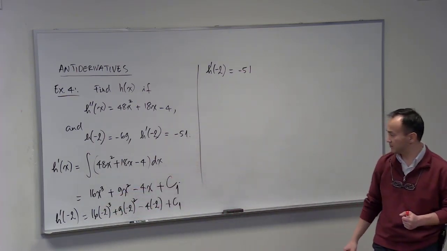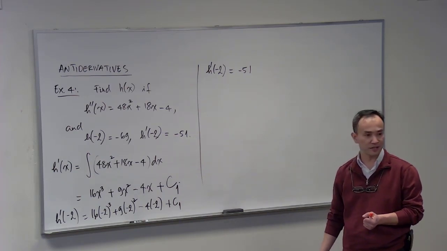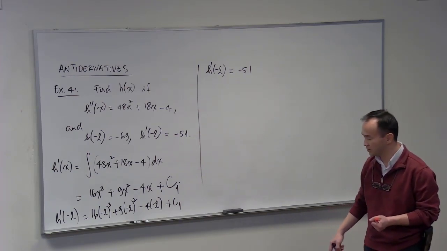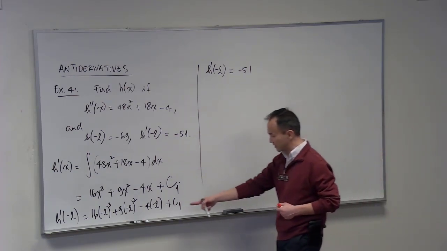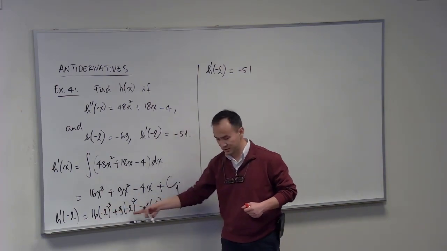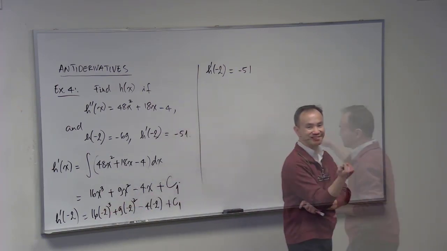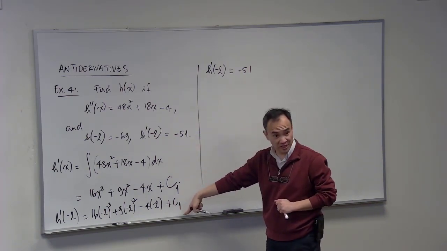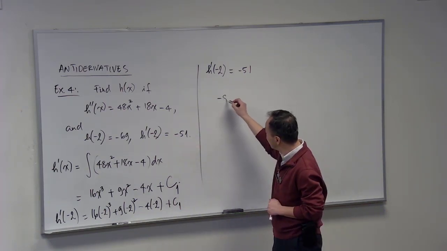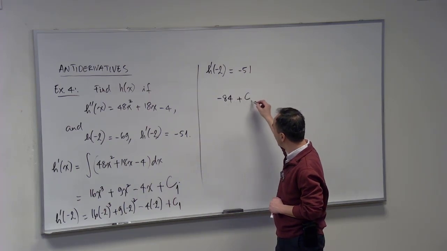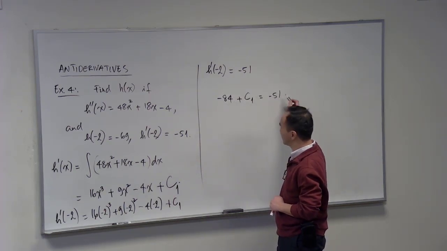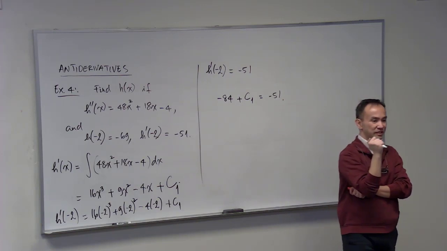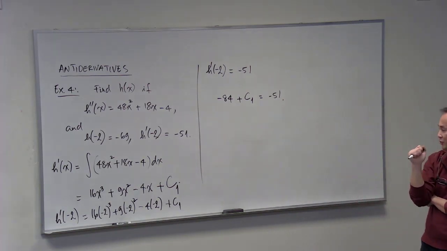There's 16 times -2 all cubed plus 9 times -2 all squared, plus the C1. What did you have for those combined terms? Before we solve for C, -84 plus C1 equals -51. We can equate those two.